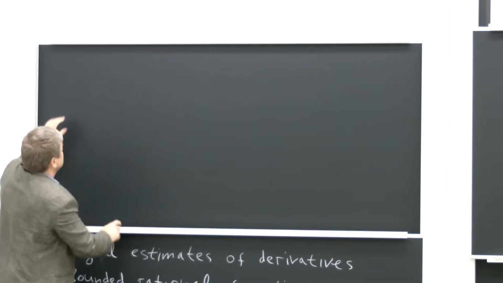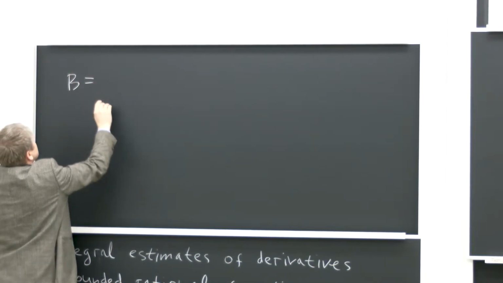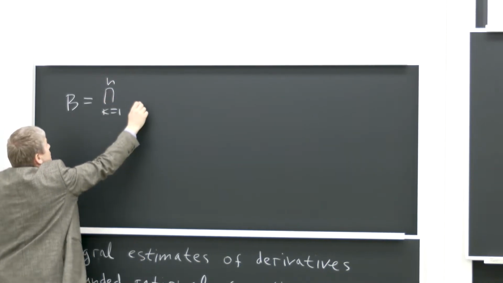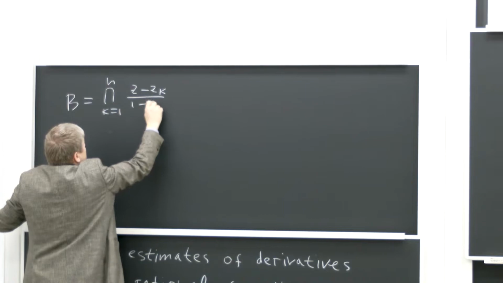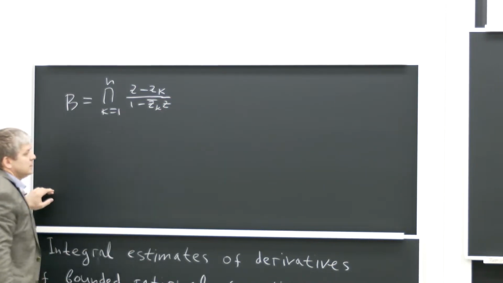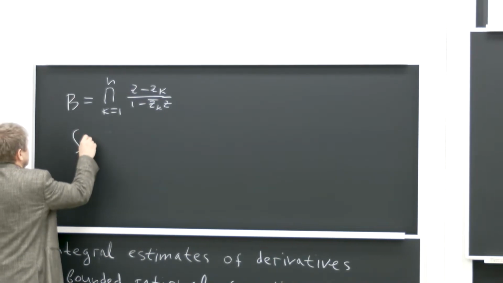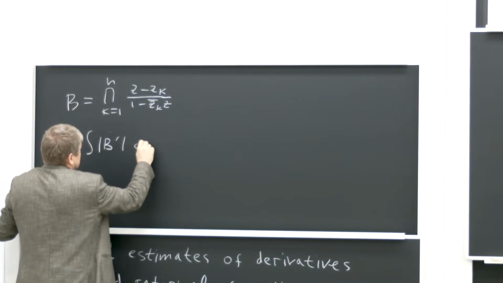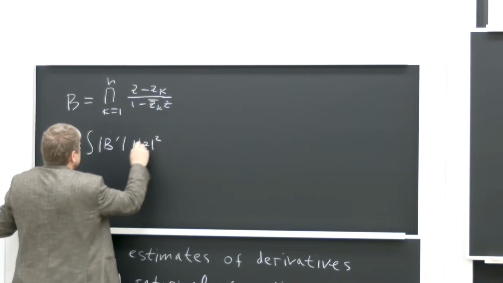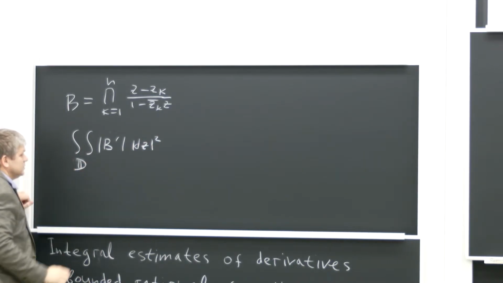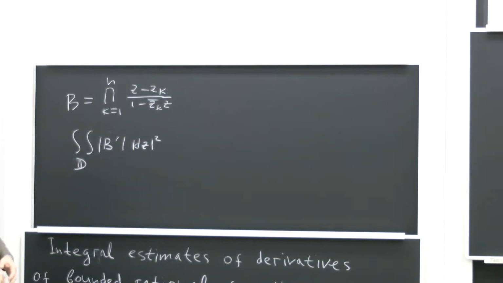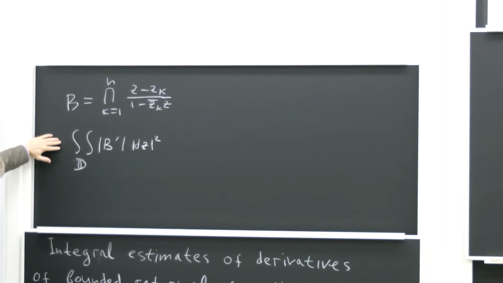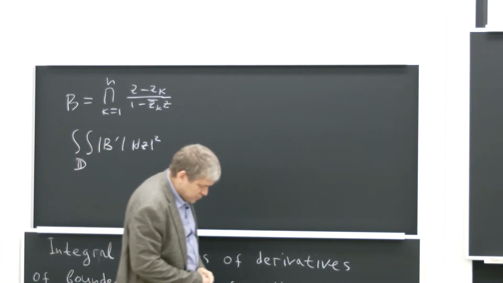Suppose that B is a finite Blaschke product, the product over k from 1 to n, and we want to estimate or evaluate such an integral. This integral is of course bounded, and it is not so difficult to show.